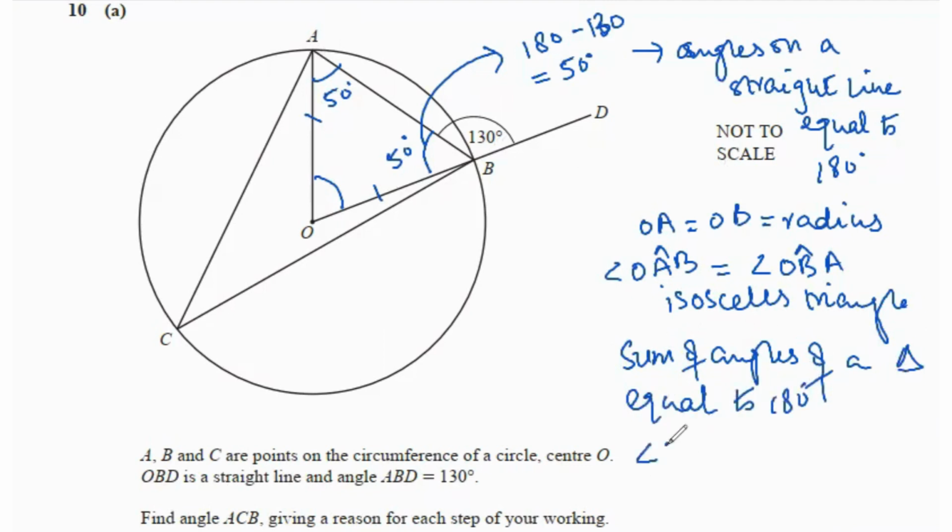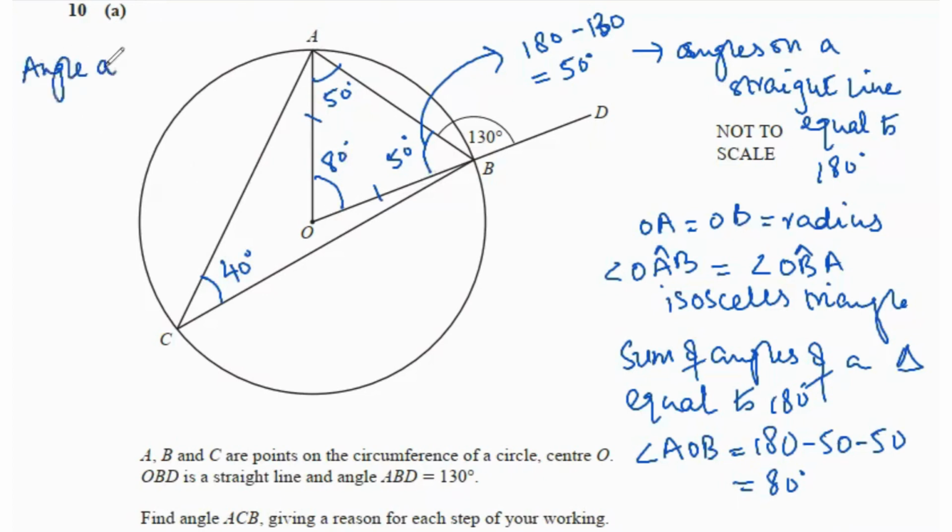So angle AOB is going to be 180 minus 50, which is 80 degrees. So this would automatically be 40 degrees. Why? Because angles at the circumference are half of angles at the center.